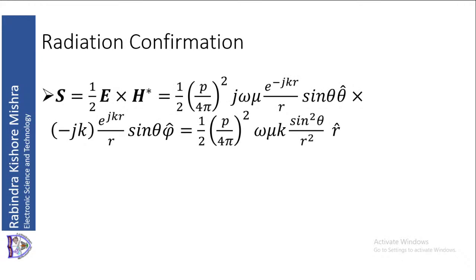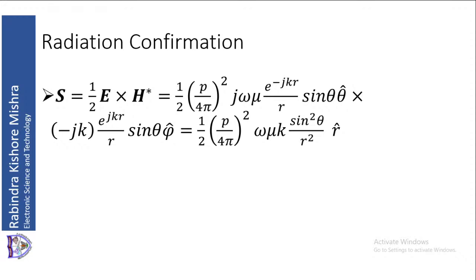As you know, for a time harmonic field, we find out the time averaged Poynting vector, that is 1 by 2 real part of E cross H star. We have found out the expressions for E and H, so put those expressions in.